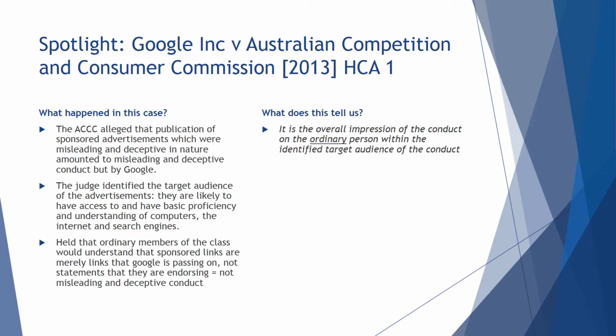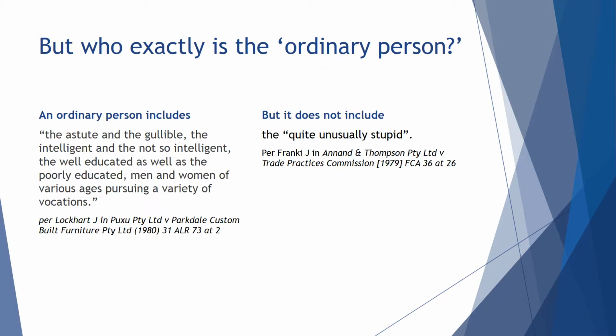This is a really important case because it tells us that the overall impression of the conduct that's given or that's left on the ordinary person within that identified target audience is really, really critical. Now, one thing that's probably coming to mind is, well, who is the ordinary person? And that's something that we're going to look at in a little bit more detail shortly. So the ordinary person includes the astute and the gullible, the intelligent and the not so intelligent, the well-educated as well as the poorly educated, men and women of various ages pursuing a variety of vocations.